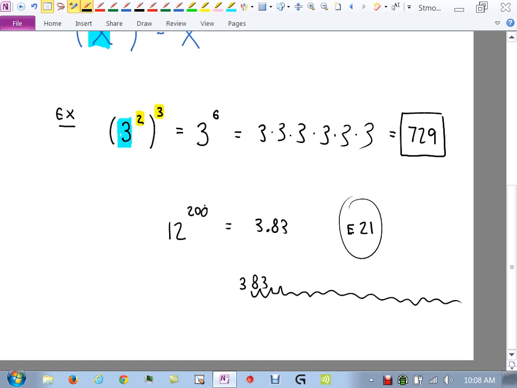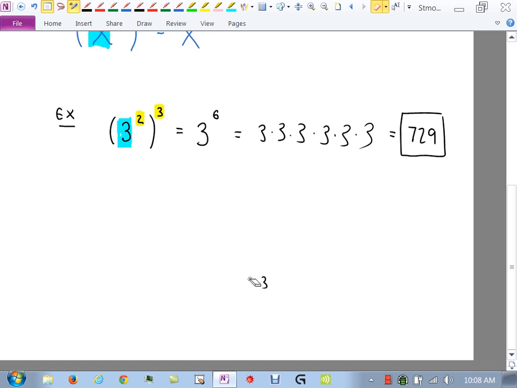That number is too big. The calculator does not have enough memory to know what every digit in that number is. So it's reached its limitation. But that's just a little side note here. To answer the question, I will expect you to be able to get from 3 to the 6th to 729. But I won't give you 12 to the 20th, where it's going to be 3.8 and then the E21. I won't give you problems like that.